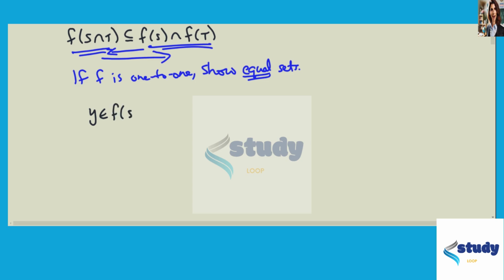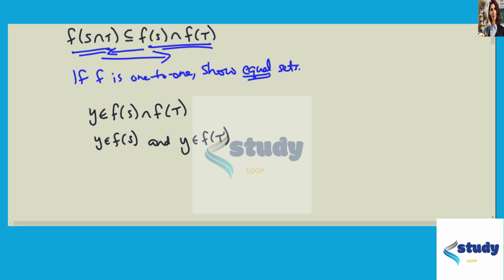Y is an element of this intersection, which means y is an element of f of S, and y is an element of f of T. Okay, so what does that mean? Well, let's look at the first piece.